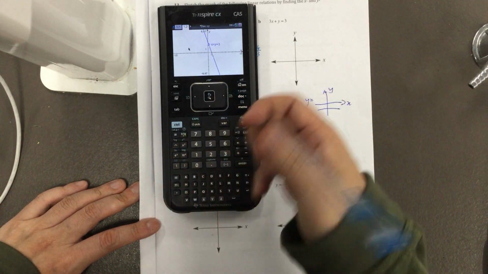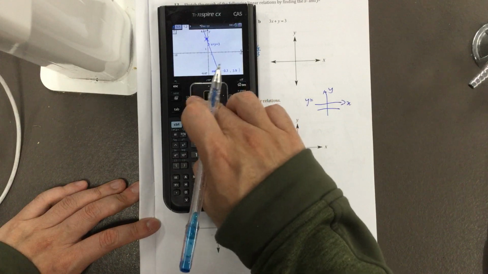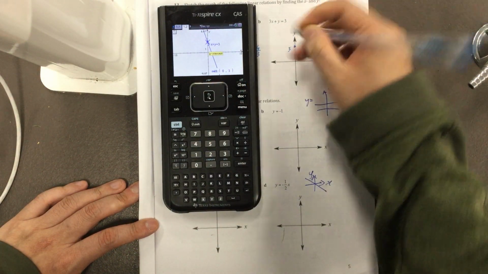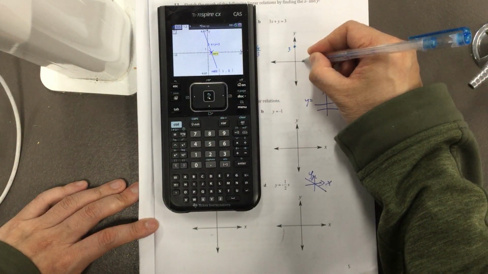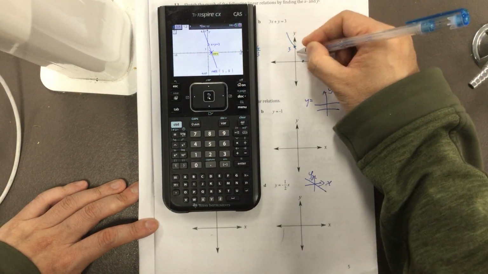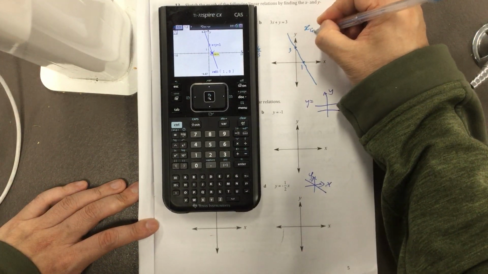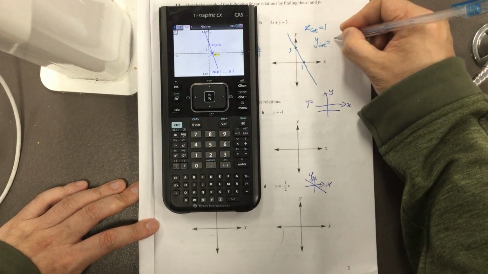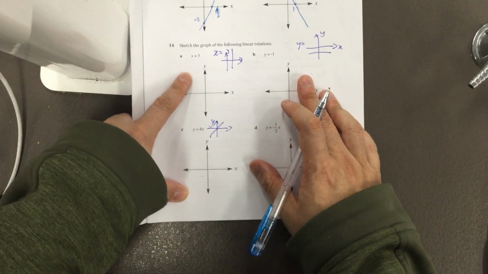Boom, the graph is drawn for you. Menu, trace, graph. So the y-intercept, we figure out the y-intercept is at 3. What is the x-intercept? Oh, x-intercept is at 0, it means 1. So this one is actually quite exact value, right? And so this is where you actually say x-intercept equals to 1, y-intercept equals to 3.